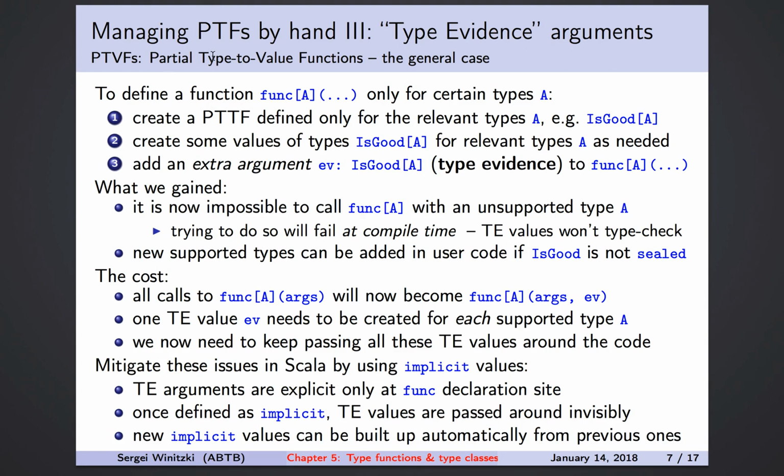We can even use this in Java. These things are just cosmetic issues with verbosity of the code, and it's not changing the fact that we have implemented partial type-to-value functions in the most general way possible.